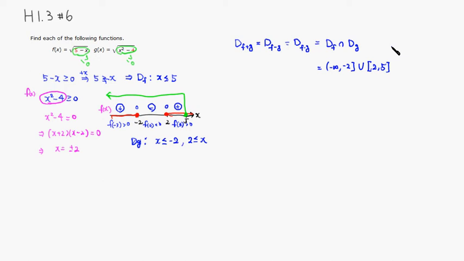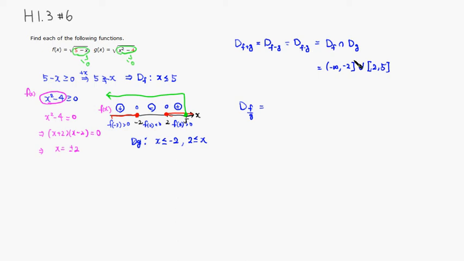How about the domain of f over g? This is going to be almost the same as the domain here, except that we have to eliminate the x values which make the denominator g of x equal to 0, in this case negative 2 and positive 2.